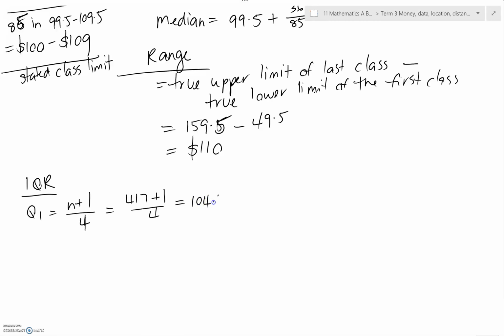So that means our Q1 is at the 104.5th score or position. And it also means that Q3 is the 104.5th score from the end. And if you take that away from 417, you'll actually realize, so what is this?